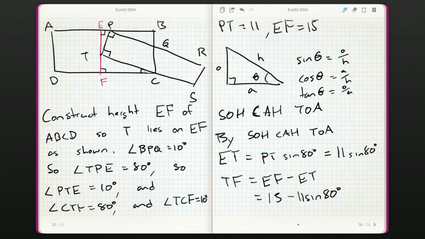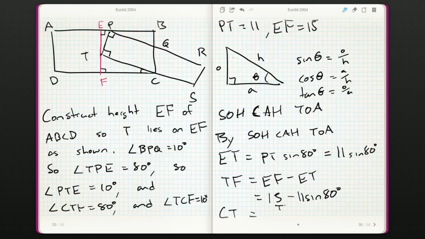We have opposite of the 10 degrees, or conversely, we have adjacent of another 80 degrees, doesn't really matter. And so we can get CT. So CT, the hypotenuse, is going to be opposite over the sine.